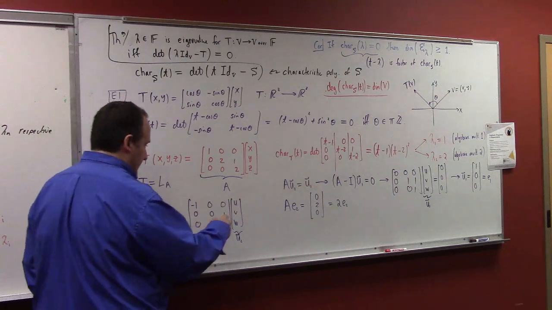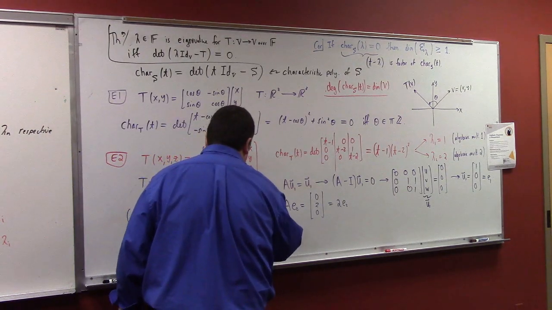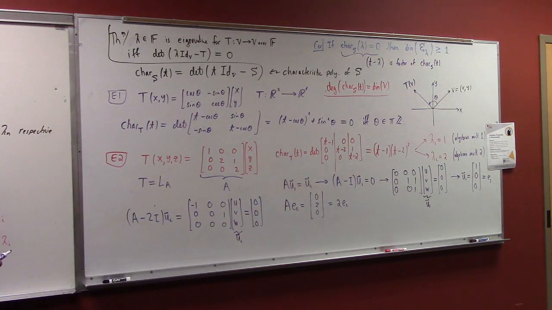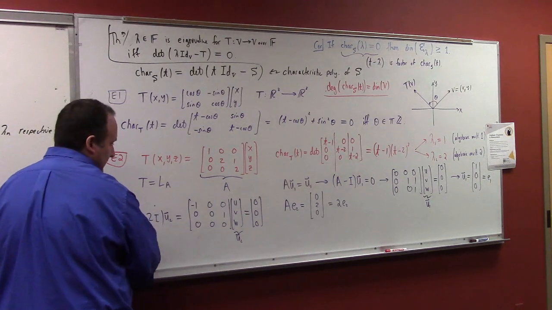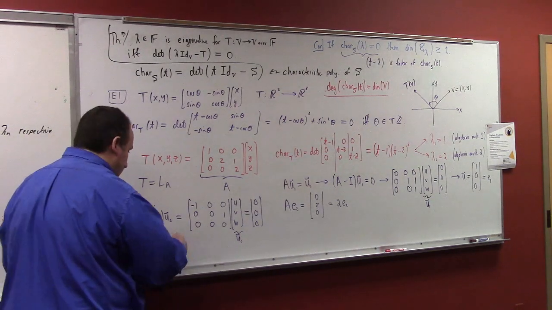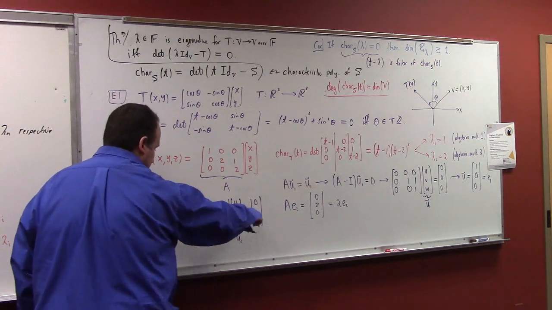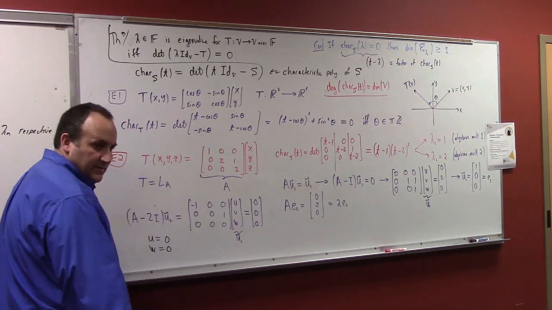Now this is all equal to 0. Are there any other solutions other than E2? Let's think about this. What does this tell us? The top equation tells me that U equals 0. The next equation, I get that W is equal to 0.